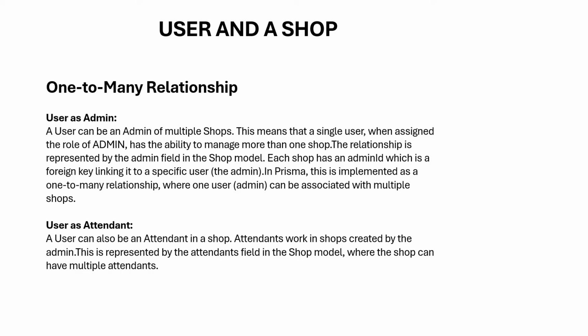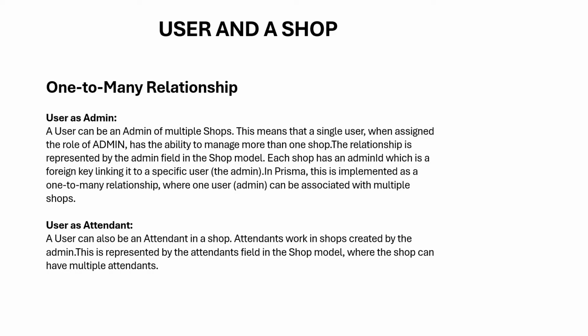Okay. That means each shop at least must have an admin, because shops belong to a certain admin, and that means there is no shop that is going to exist without an admin.